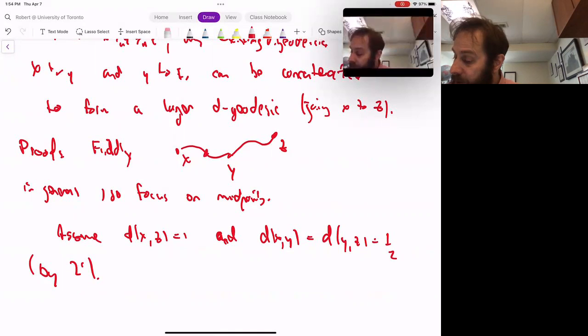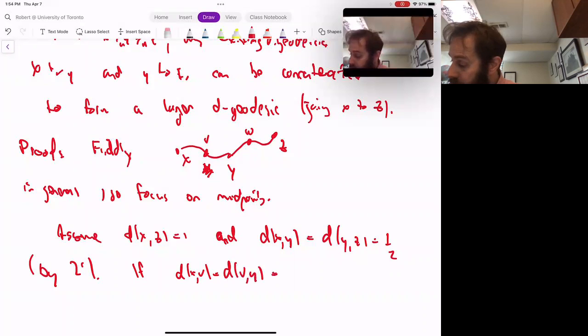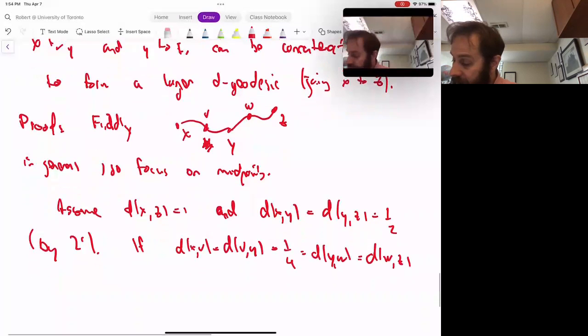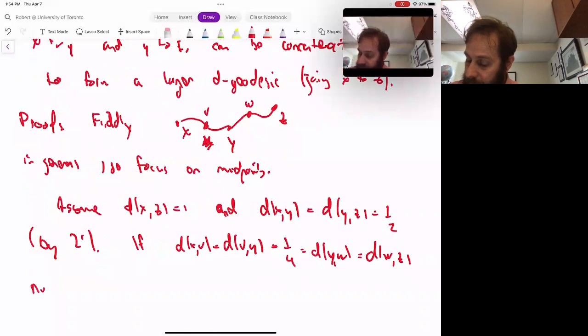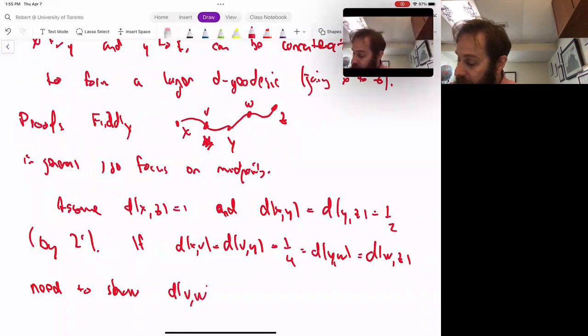The midpoint between x and y I'll call v, and the midpoint between y and z I'll call w. So if dxv is equal to dvy is equal to 1/4 in this case, and the same thing for dyw and dwz, what I need to show is that the distance between v and w is 1/2.